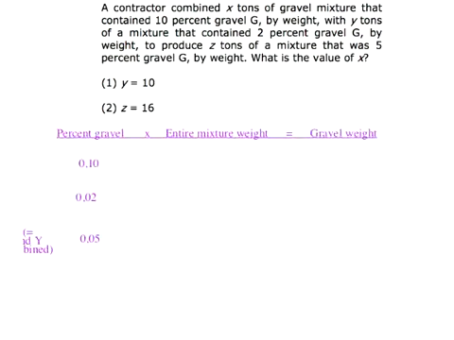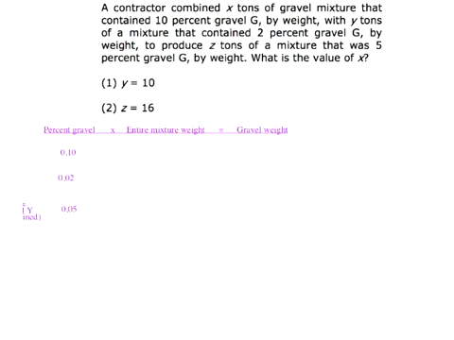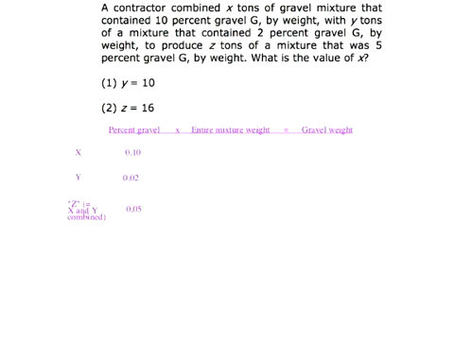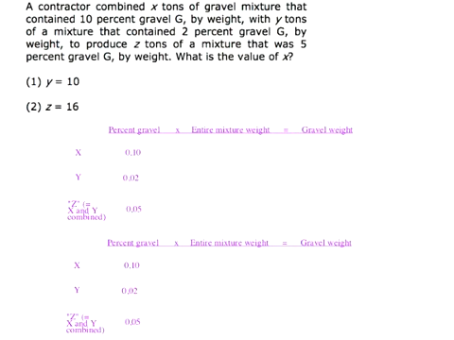Why do you want to make it twice? You do want to make it twice. That's where I'm going with this. Why? Yeah, because there's two statements, right? So here's another useful principle. If you make a chart on a data sufficiency problem, then you should make the chart twice.